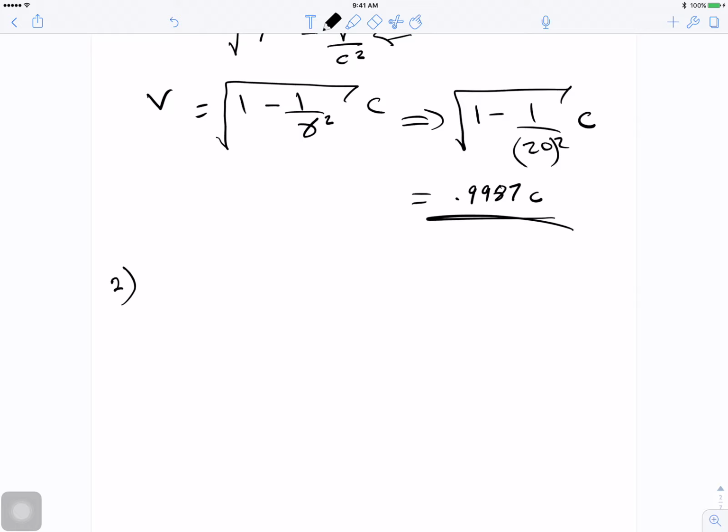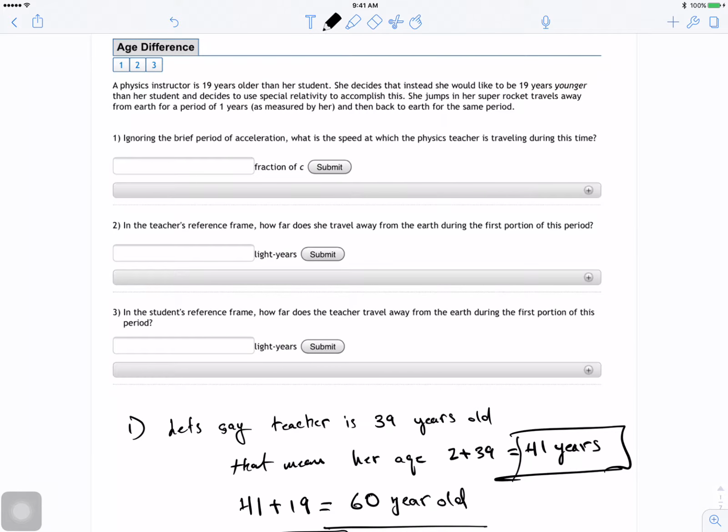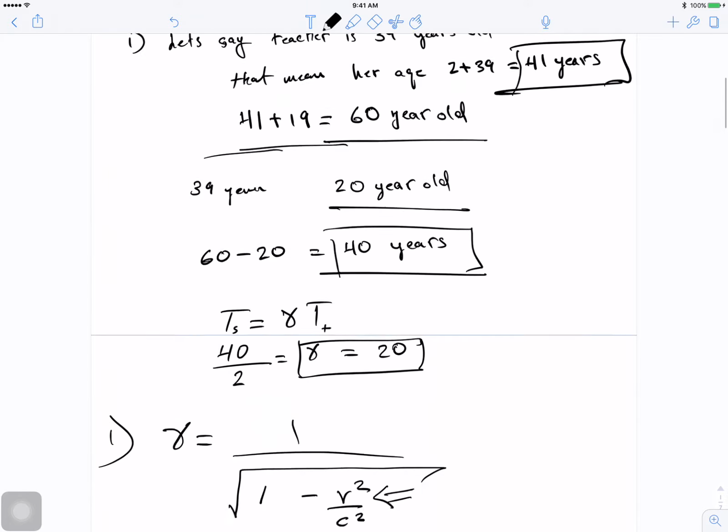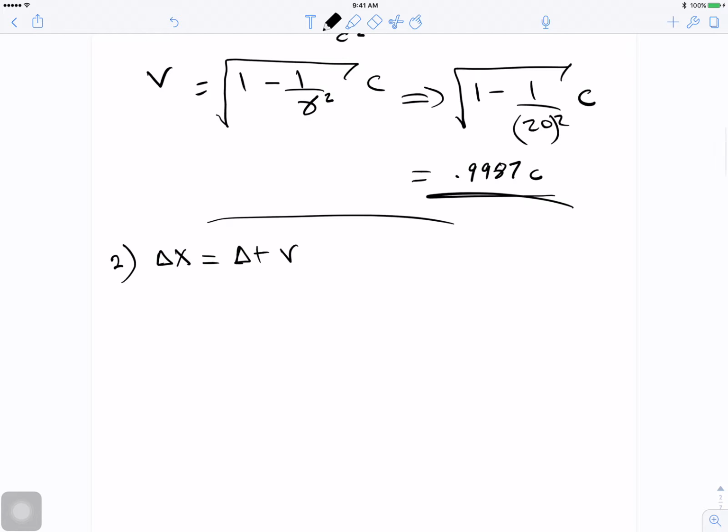For number 2, they ask, in the teacher's frame of reference, how far does she travel away from Earth during the first portion of this period? So how far is delta x. Distance is equal to delta time times speed, v.